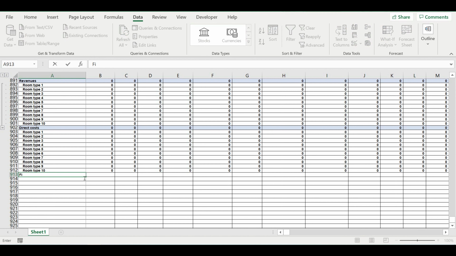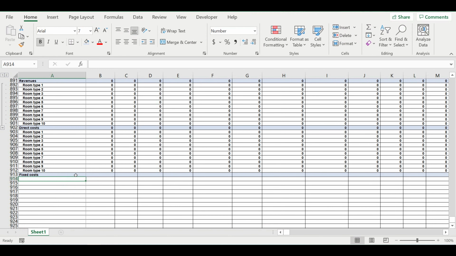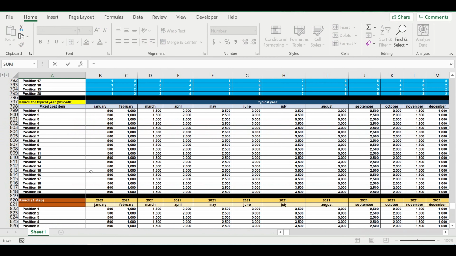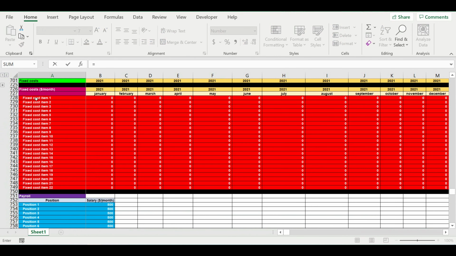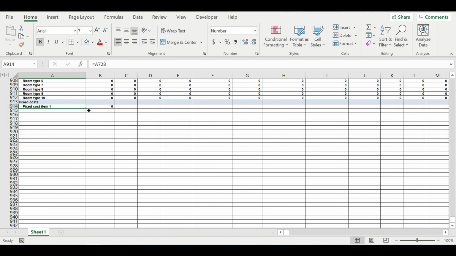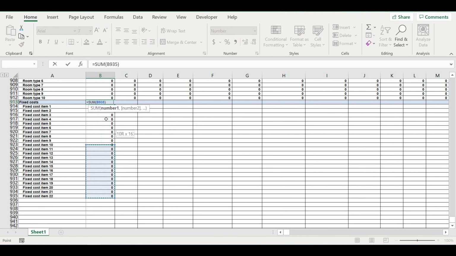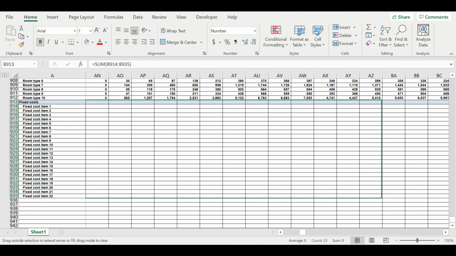Then we take fixed costs. Then we also extrapolate this formula from left to right.